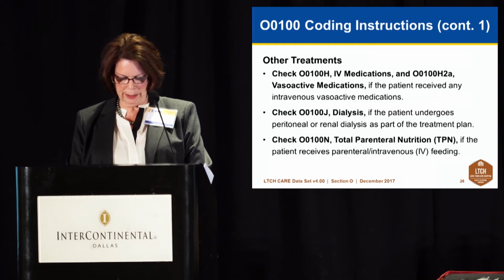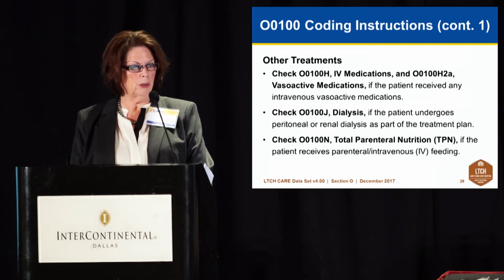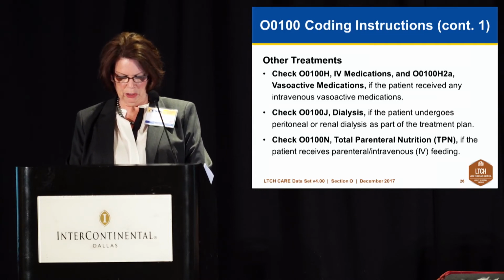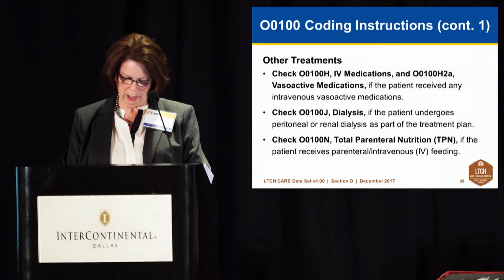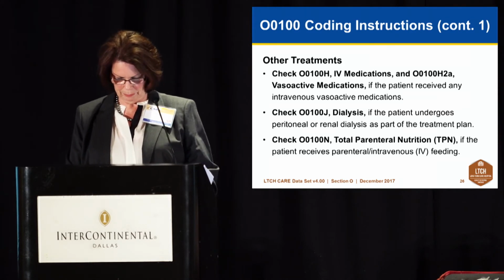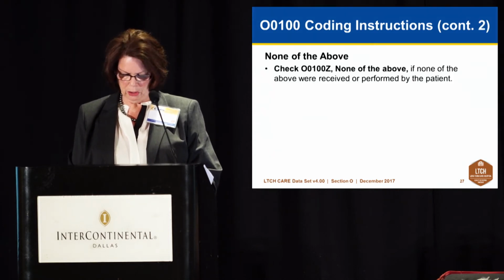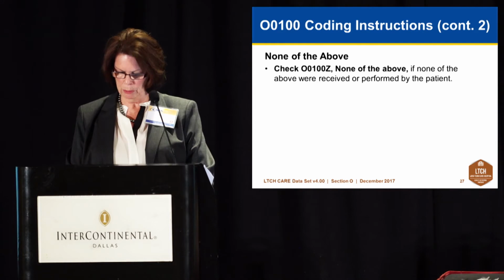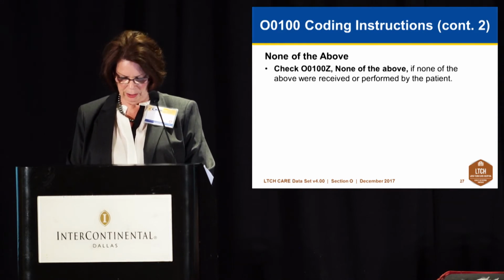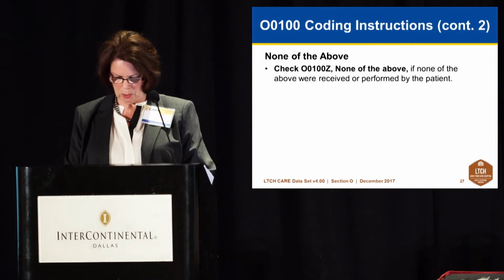The dialysis data element has not changed, nor has the total parenteral nutrition item changed, and you're going to select that if the patient receives IV, parenteral or IV feeding. Again, this is not a change as well. You would check none of the above if your patient is not receiving any of these treatments or programs.